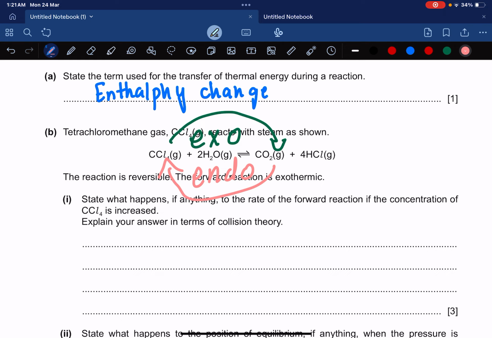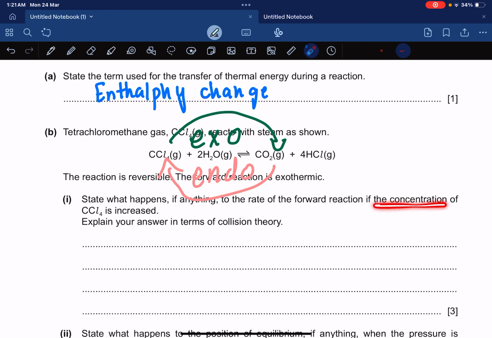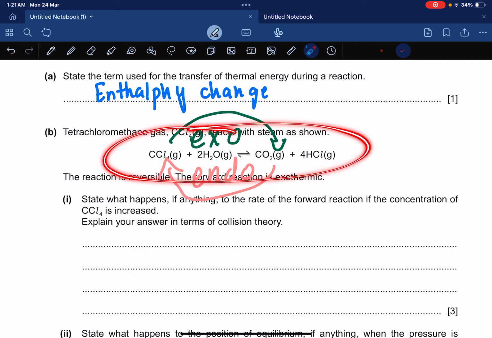That's understood. State what happens, if anything, to the rate of the forward reaction if the concentration of CCl4 is increased? Explain in terms of the collision theory. Now if you're increasing the concentration of your reactants, what's going to happen? In an equilibrium, basically equilibrium tries to balance out everything you do.